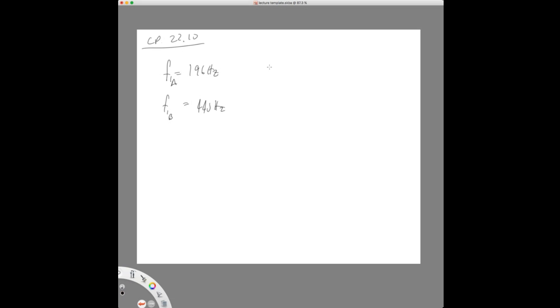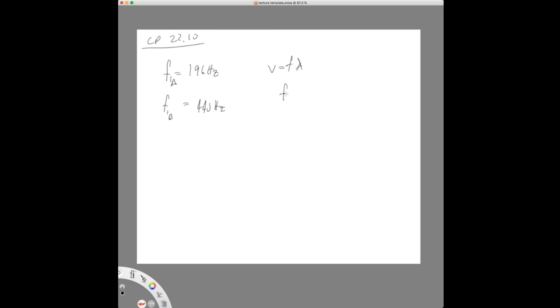Okay, so we know that velocity equals frequency times wavelength. And the velocity of the string is not going to change because we're not changing the matter of the string, we're not changing the tension of the string.